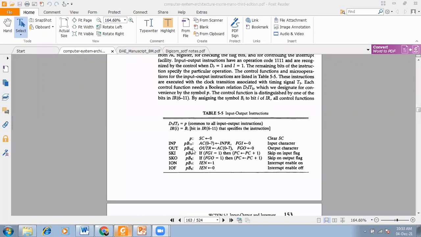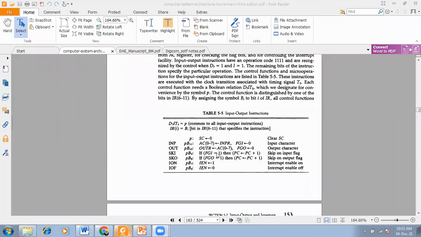And after that, the data which is in the INPR register can be sent to the accumulator, bits 0 to 7, because INPR has 8 bits. As I mentioned, INPR and OUTR, the output register, both have 8 bits. So now INPR is ready and you can send the data to the accumulator.